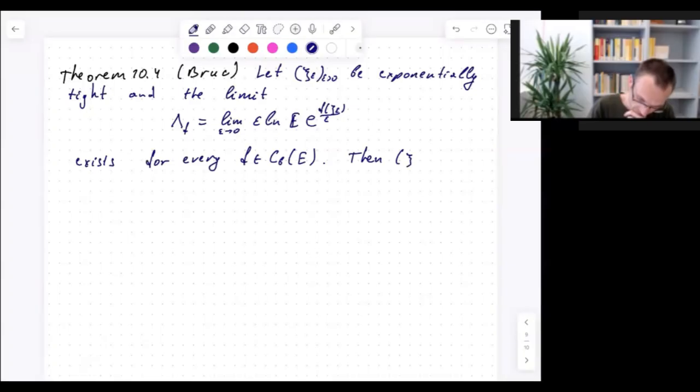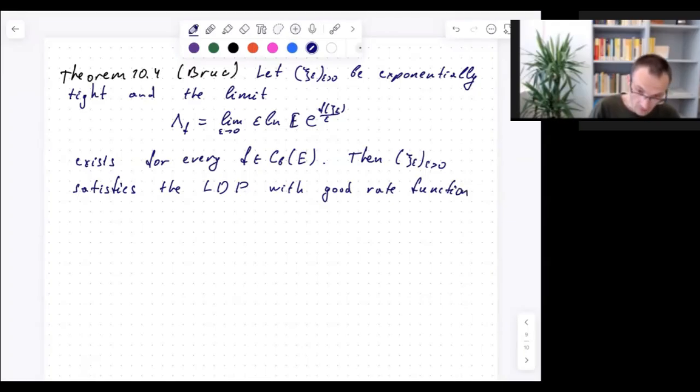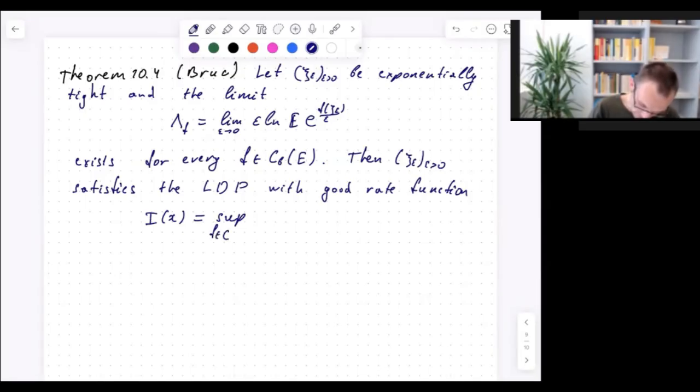Then psi epsilon satisfies the large deviation principle with good rate function I, which we have to define here, that is equal to the supremum over all f that are continuous bounded functions.